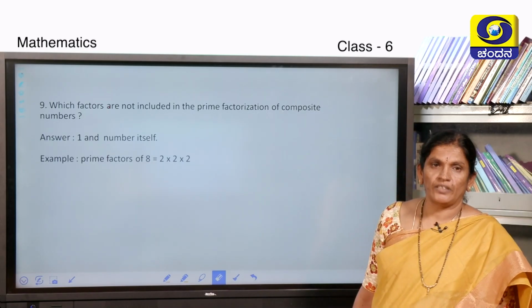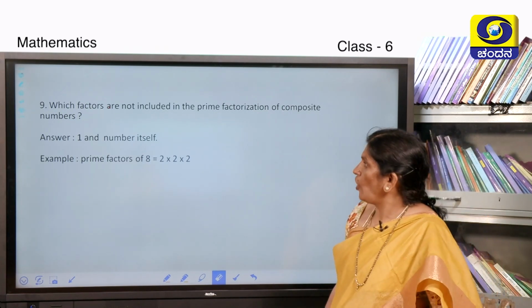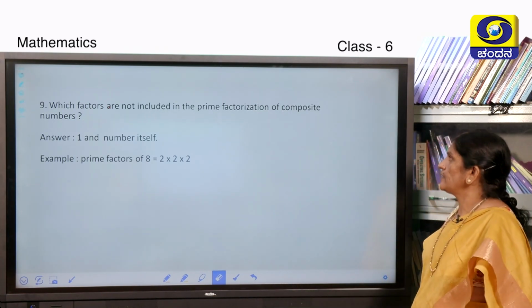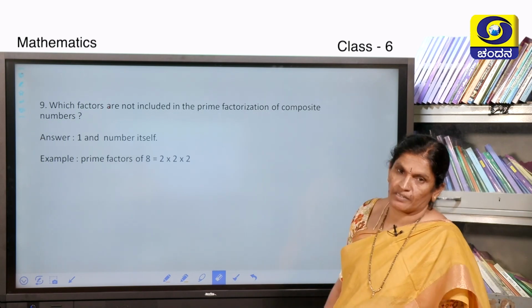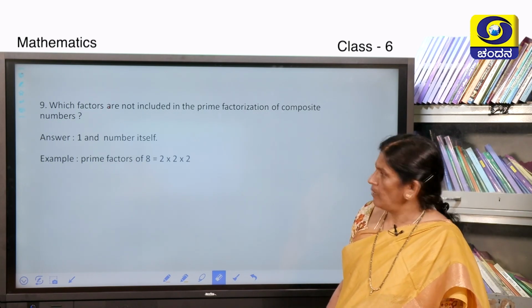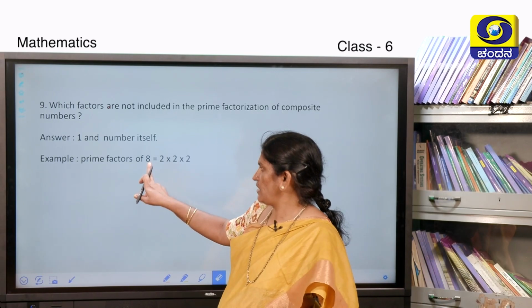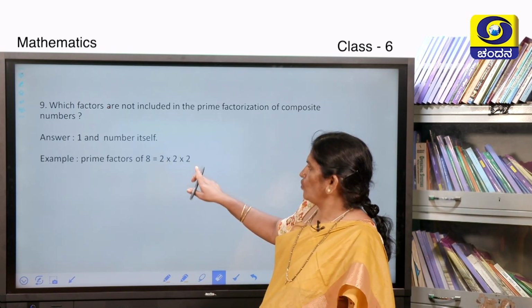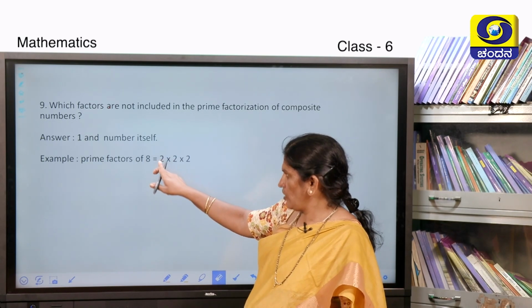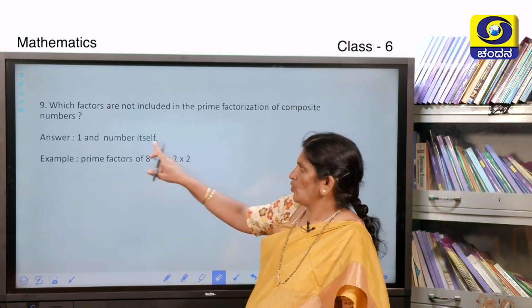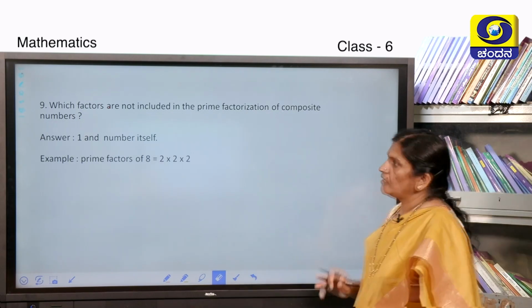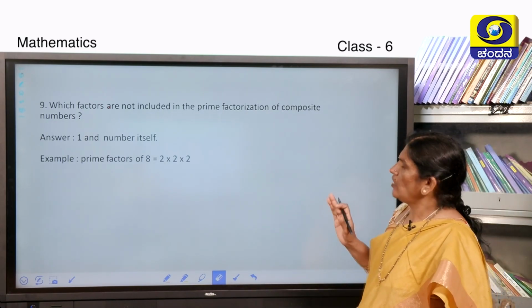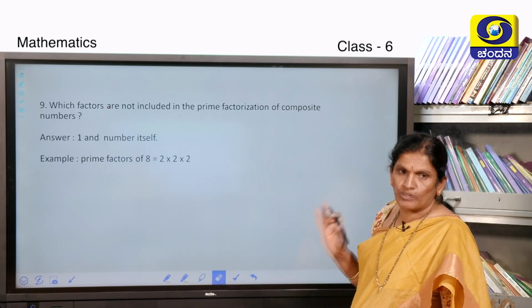Come to the next question: which factors are not included in the prime factorization of composite numbers? That is 1 and the number itself. For example, I have taken 8 here, prime factors of 8 are 2 into 2 into 2. So, here I did not take 1 as well as 8. So, 1 and the number itself are not included in the prime factorization of composite numbers.